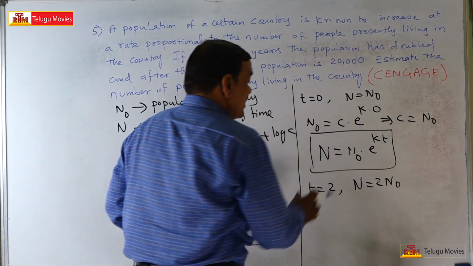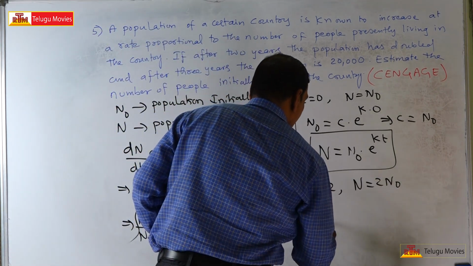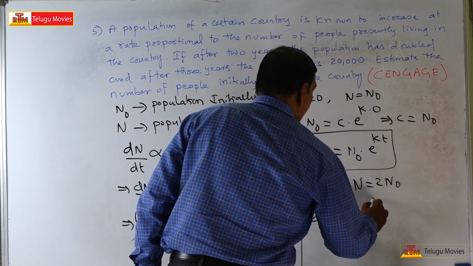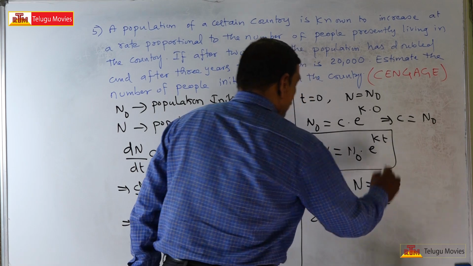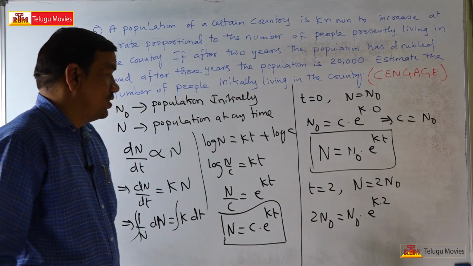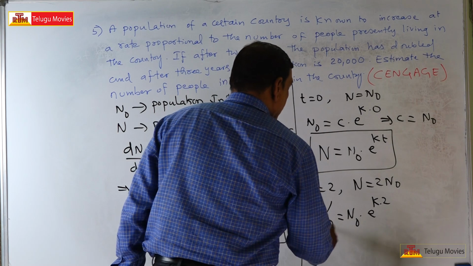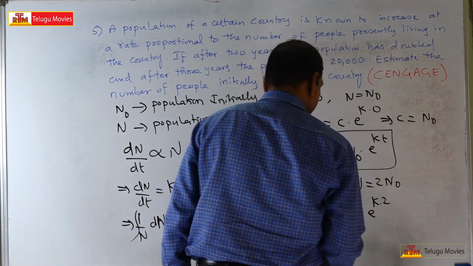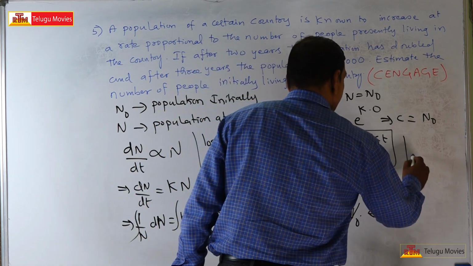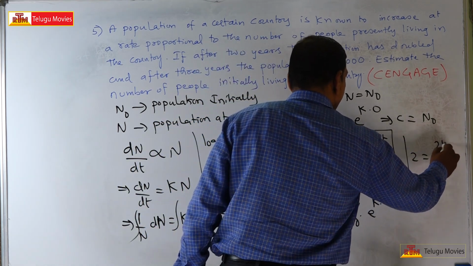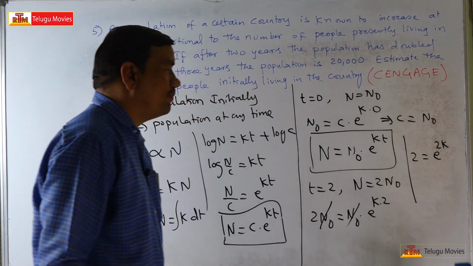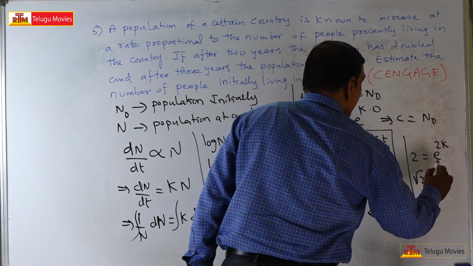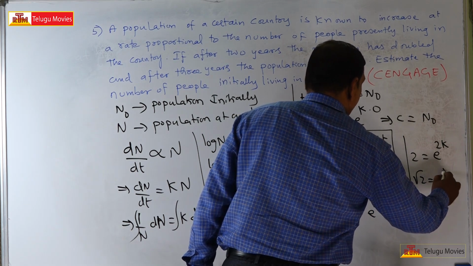Now substitute this here. In place of n, substitute 2n naught is equal to n naught into e to the power of k into 2. Here you can cancel n naught, n naught. So 2 is equal to e power 2k. Taking the square root on both sides, root 2 is equal to e to the power of k.